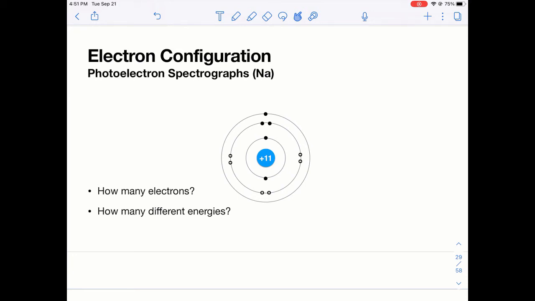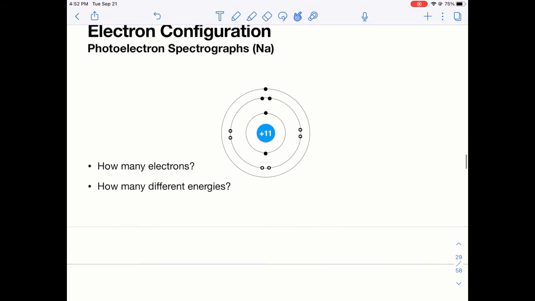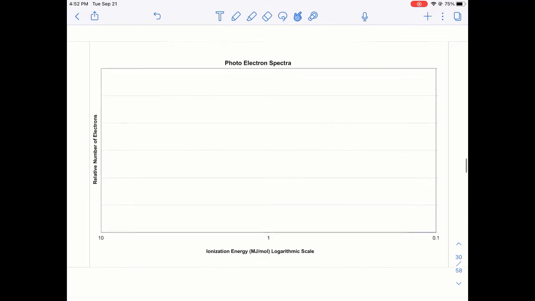And if you look at the periodic table, sodium is in the third row. That now means we have the third energy level. And the very first sublevel that we have in any energy level will be the s. The difference is that our s in our third energy level is going to require a significantly lower amount of energy to remove that electron compared to the others.